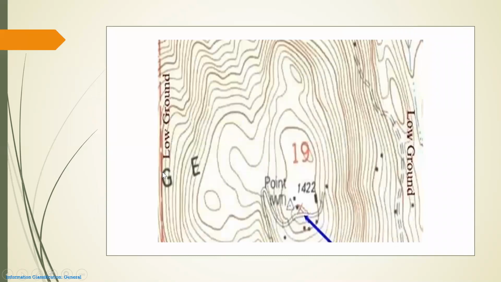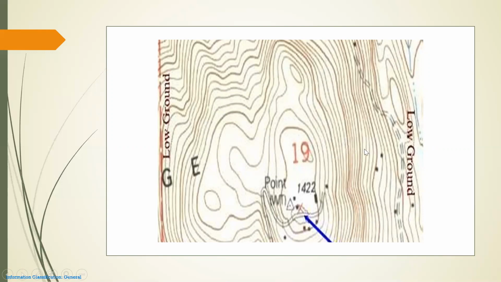Let us see, we already discussed the principle of contour lines. If they are very close, it indicates the steepness of the land; if further apart, gradually increasing slope; and the absence of contour lines indicates that the land is flat. Here you can see these three features in contour lines.